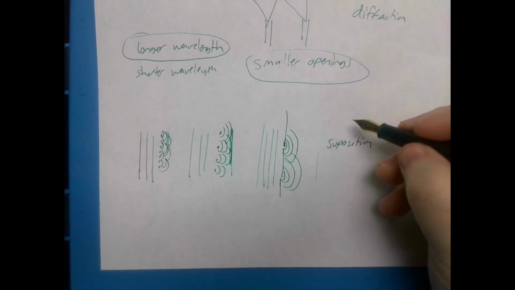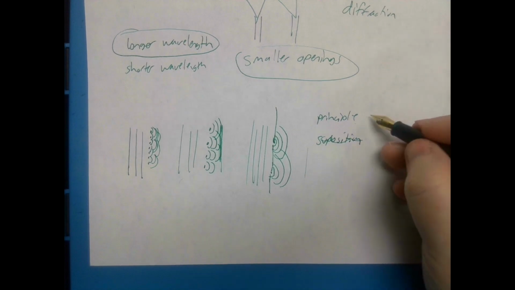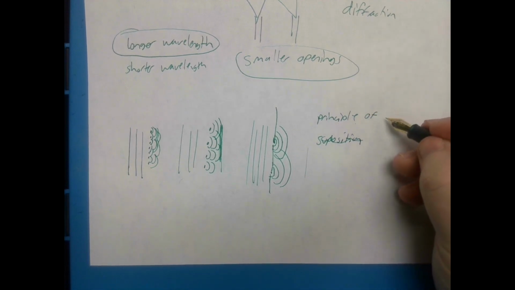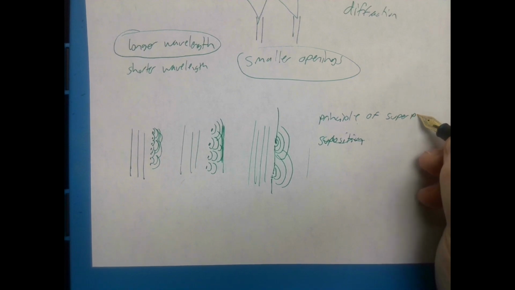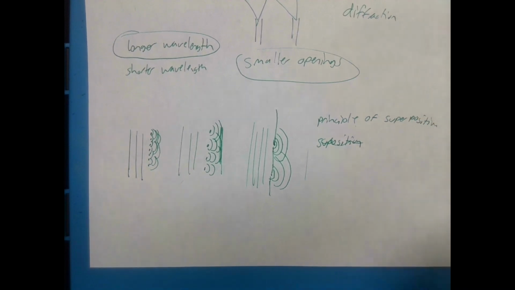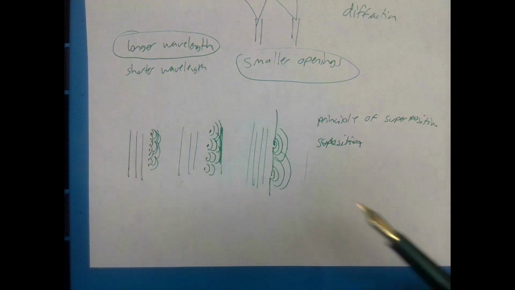So this is the principle of superposition. Whenever you have more than one wave in the same location, they basically combine together by just adding the crests and so on to make a single wave. So you could think of a wave as being a sum of infinitely many waves.